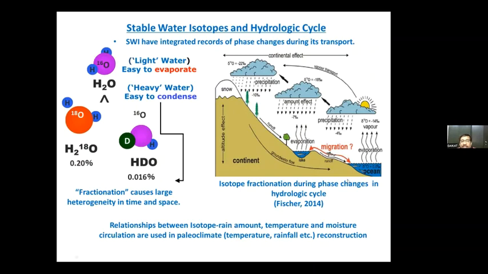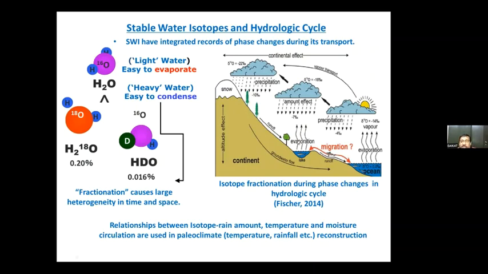Isotopic fractionation during phase change in the hydrologic cycle has been shown here. The water isotope values which we finally get suffer the fractionation of all these processes: from ocean evaporation, transport, condensation, then precipitation. Evaporation also takes place during falling to the ground.